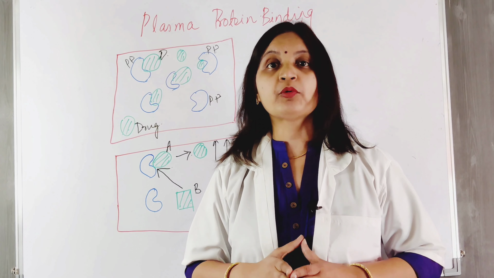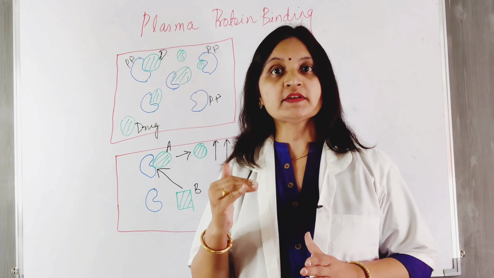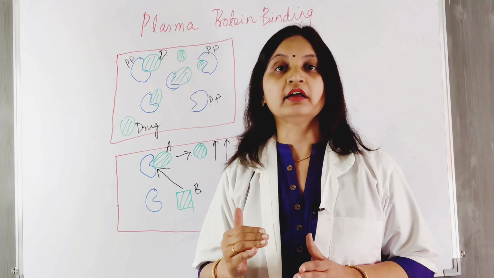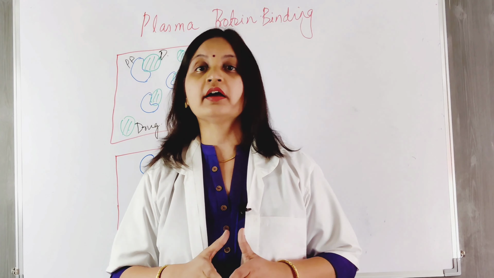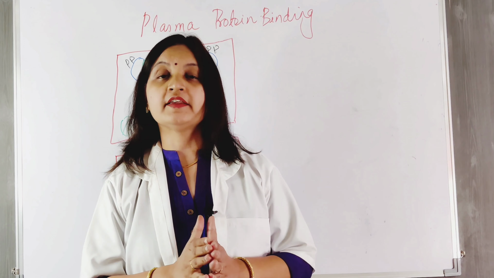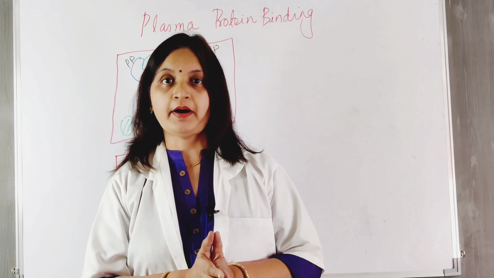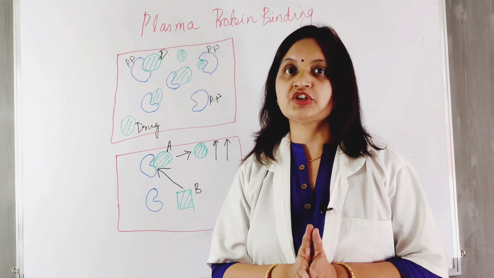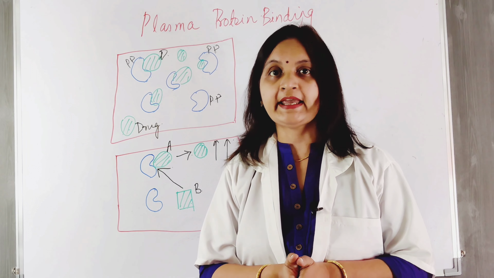So high plasma protein binding affinity reduces the volume of distribution, the metabolism and excretion of the drug. This is because only the free drug is available for metabolism and excretion, and this drug is mostly restricted to the vascular compartment.